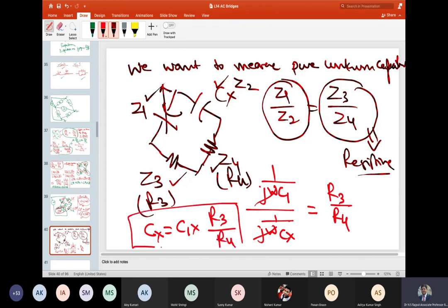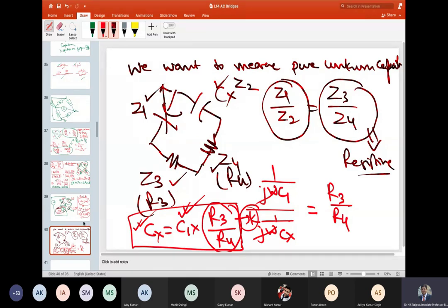So now you understand that this part is a constant, right? So this constant simply got multiplied by the known capacitance, and under the balance condition, I can now calculate the unknown capacitance, right? So bridges are beautiful in a sense that AC bridges can help you measure unknown inductance and unknown capacitance, right?